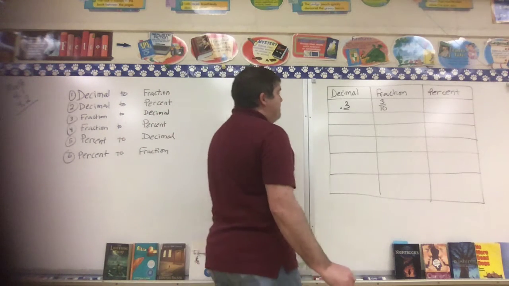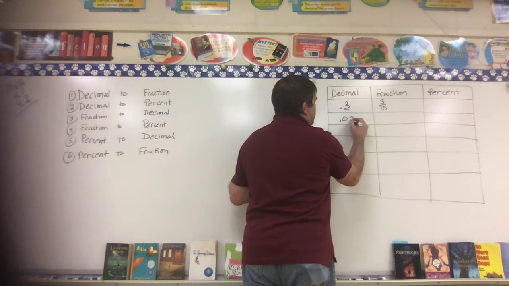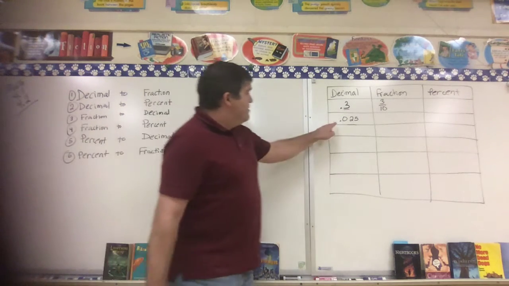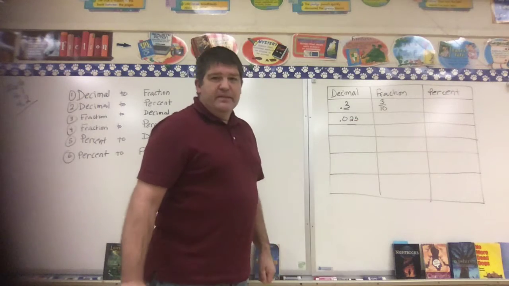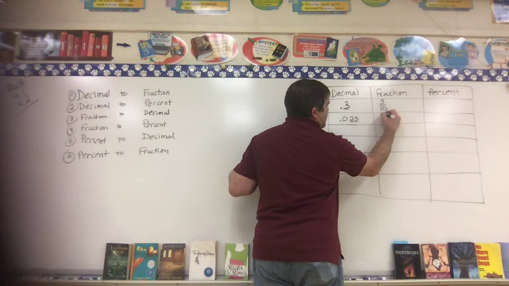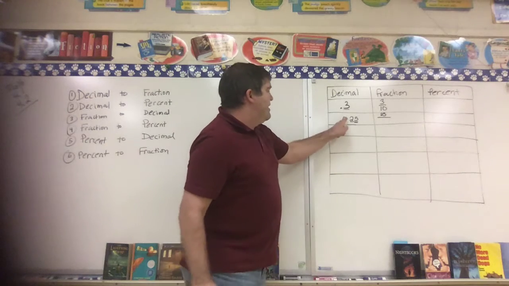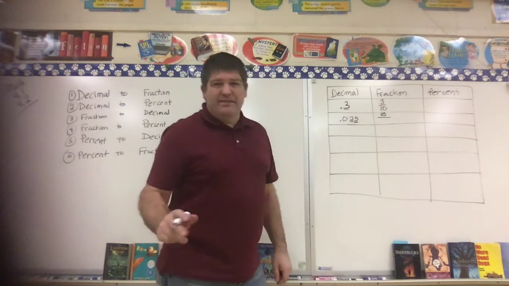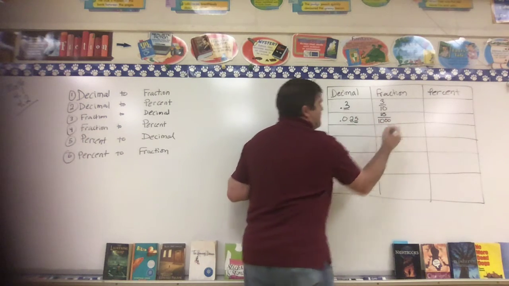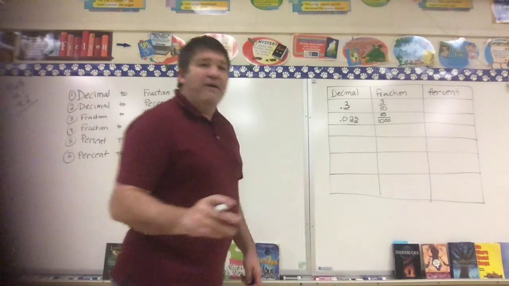Now it could be a really small number. Say it's like 0.025. So I look at this number and I see that I have 25, and it goes over whatever place value is last. Tenths, hundredths, thousandths. So it's 25 thousandths. Then that I can simplify because they both go into 5.